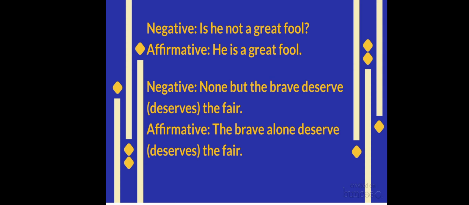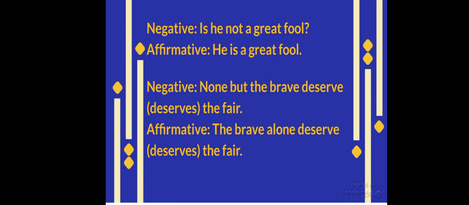Next, negative sentence: None but the brave deserves the fair. Here, none but is given. You have to replace none but, and the sentence will be: The brave alone deserves the fair. I think you're able to recall the rule which we have applied. Just recall the first rule of affirmative to negative. Only, alone, merely, these words will be replaced by none but.